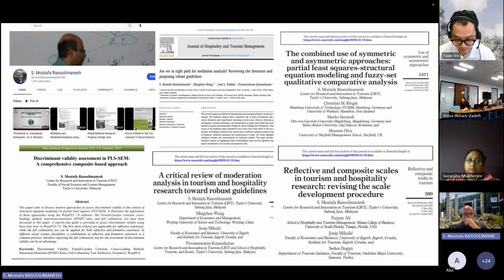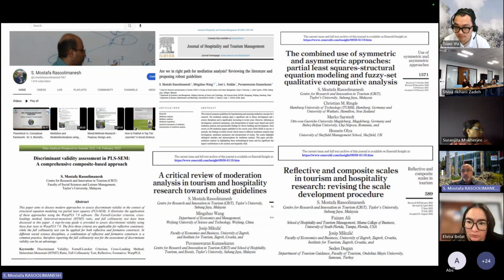Another one, published in IJCHM, is about scale development. Here we try to provide a method that is useful for both reflective and composite scales, and we revise the current scale development procedures.